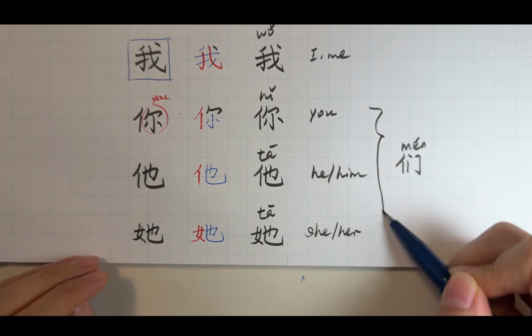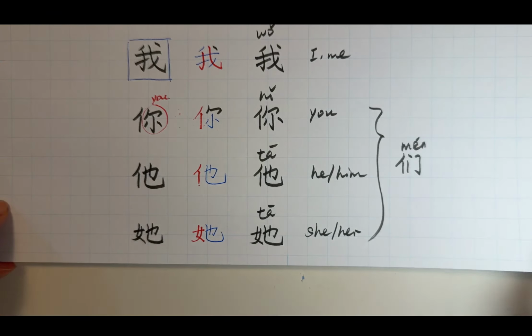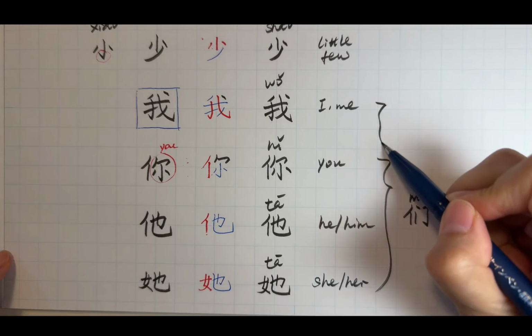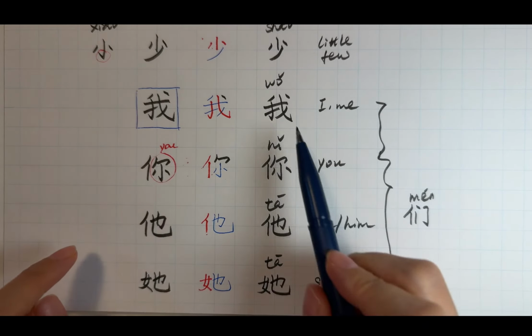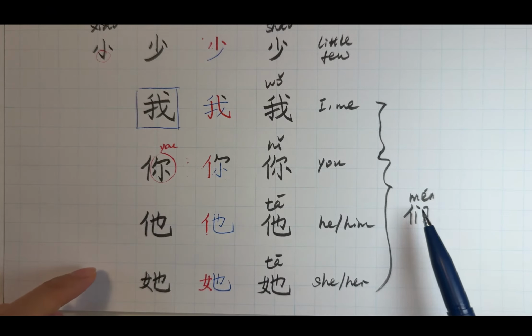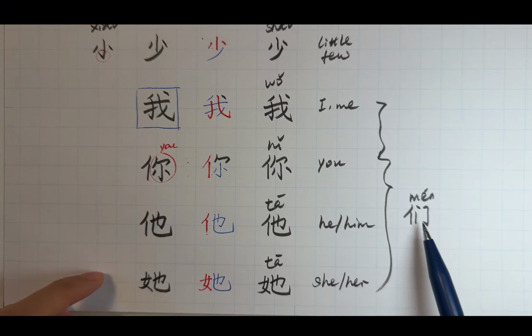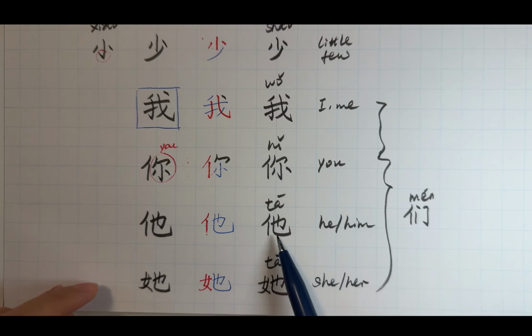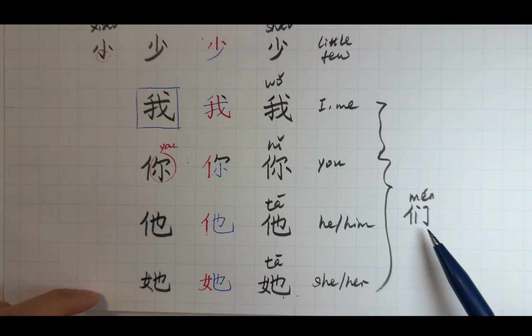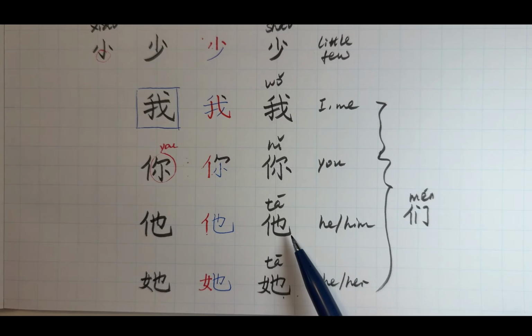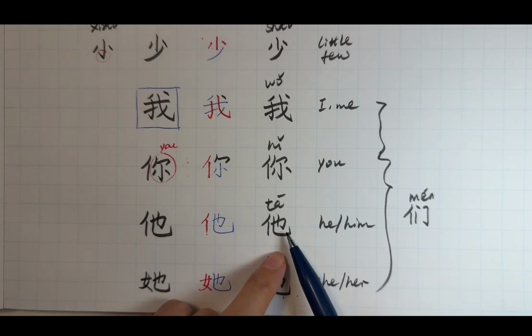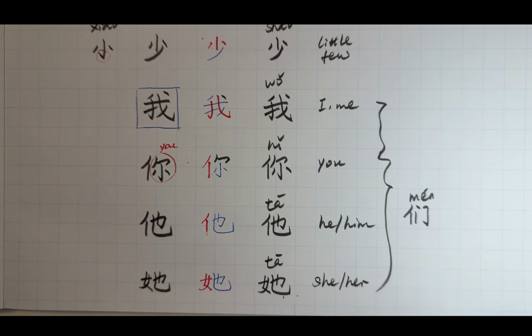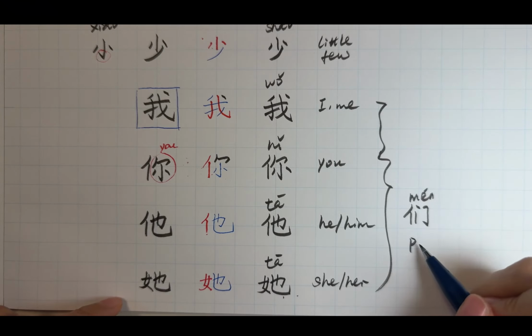So we have 我们, we or us; 你们, you plural; 他们, they plural. 他们 when all are females we use this 她们; when all males or mixed we use this general 他们. Okay, so 们 is just to make this pronoun plural.